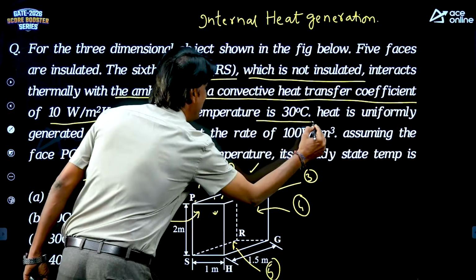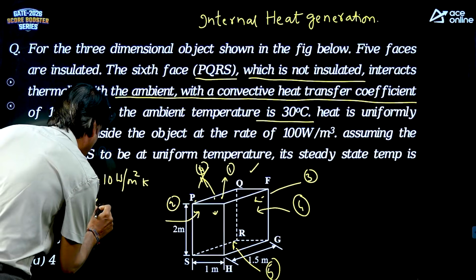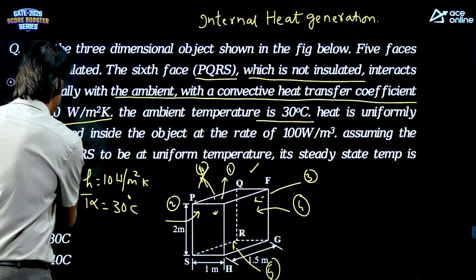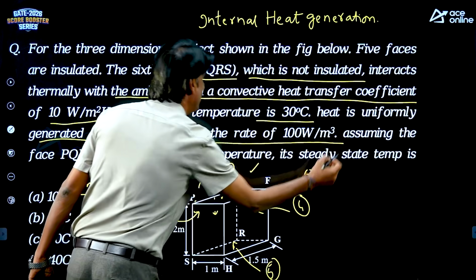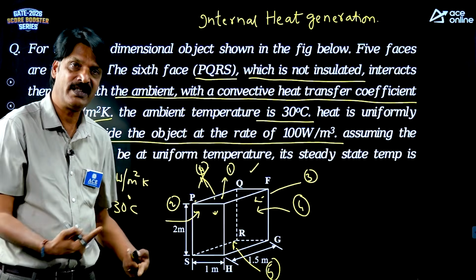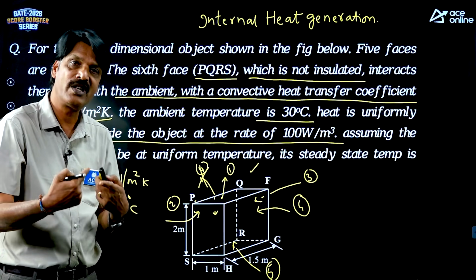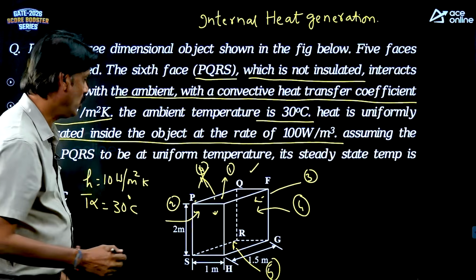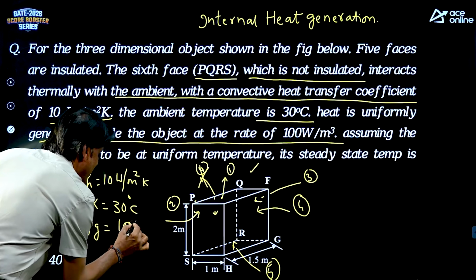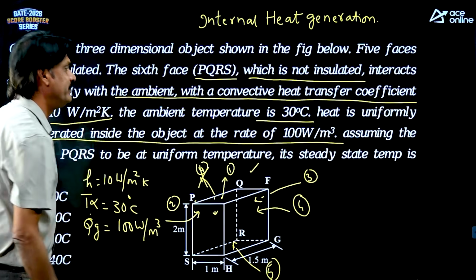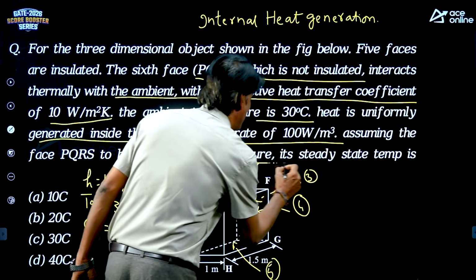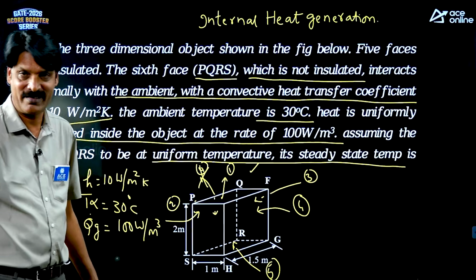Ambient temperature T infinity is 30 degrees centigrade. Heat is uniformly generated inside the object at a rate of 100 watt per cubic meter. Whenever he gives you the concept of internal heat generation, Q dot G is heat generated per unit volume, and he has given Q dot G as 100 watt per cubic meter. Assuming face PQRS to be at a uniform temperature, its steady state temperature is.